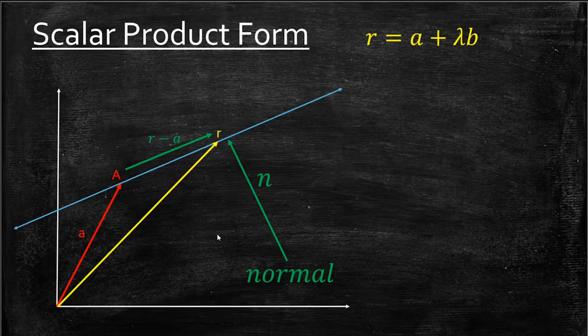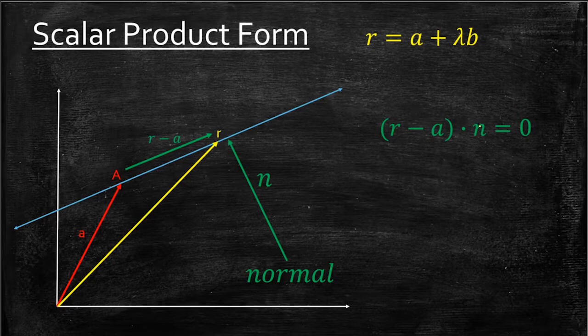In the previous video, we spoke about the scalar product, and if the scalar product equals 0, we know that the two vectors are perpendicular. So what does that mean? That means that if we take the dot product of our vector r take a with our normal vector, we should end up with 0 because it's given that these two are perpendicular to each other.